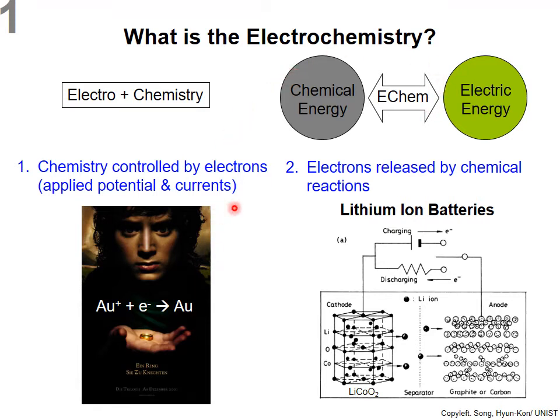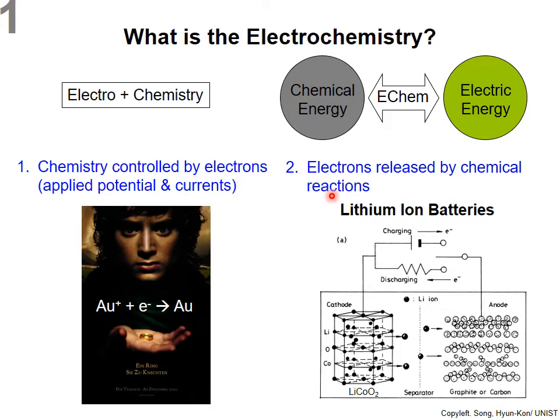Let's go to the second one. The second definition is electrons released by chemical reactions, or I can say electricity generated by chemical changes. The good example could come from lithium-ion batteries.